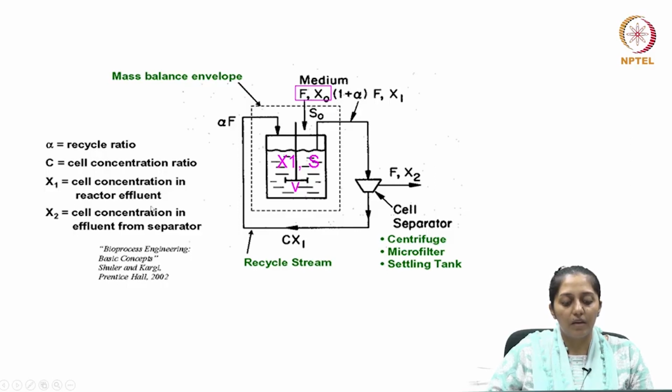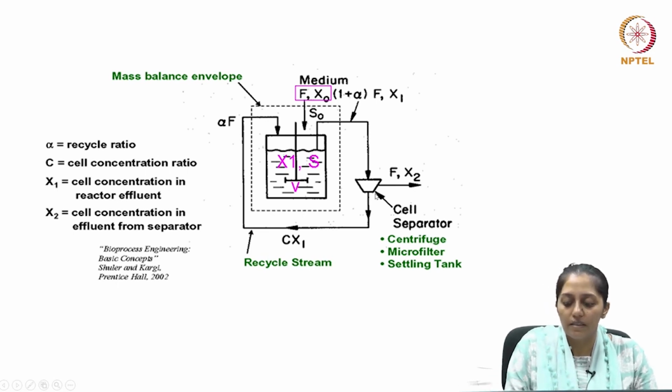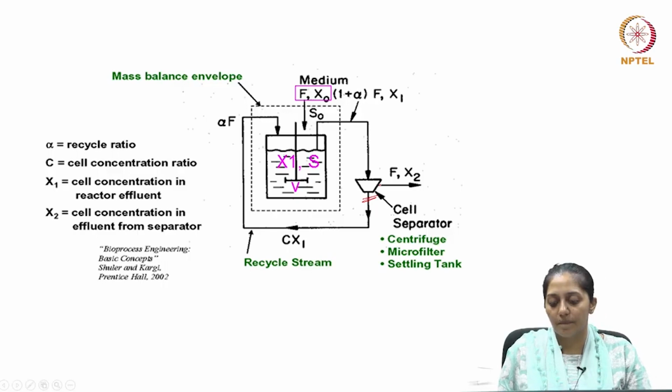X1 is the cell concentration in the reactor effluent, which means the stream leaving the reactor, and X2 is the cell concentration in the effluent from the separator. So, here this is the cell separating device.